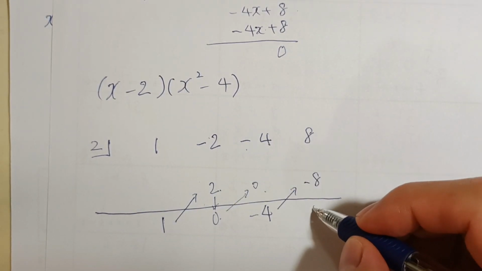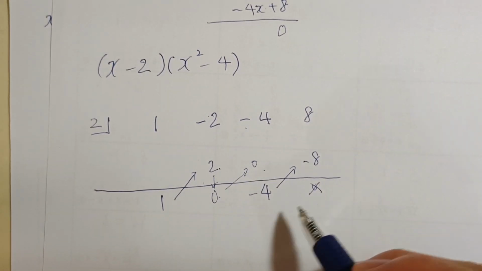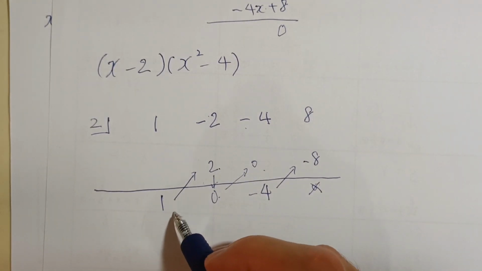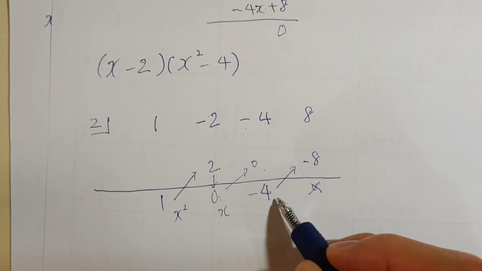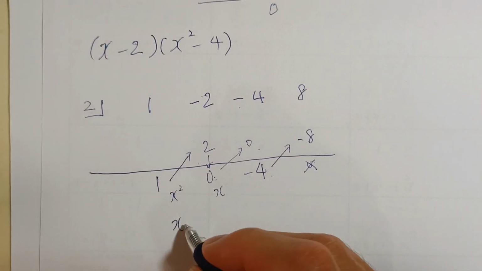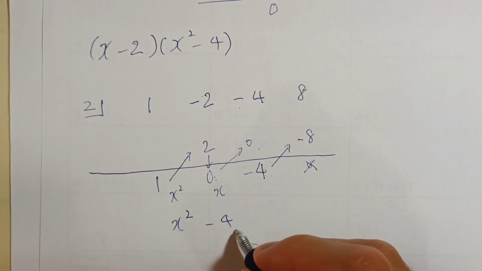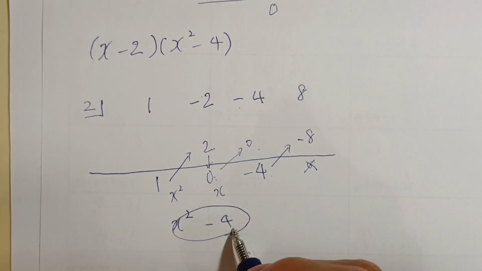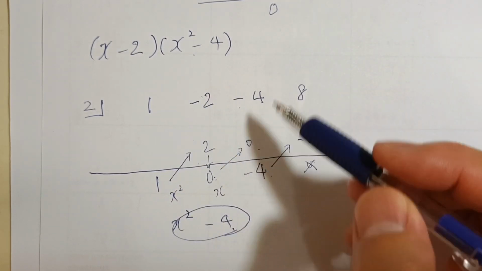And then this one's 0. In this case, we ignore this part. This one is the coefficient of x squared. This one is the coefficient of x. This one is the constant. So that means x squared plus 0x minus 4. So this is this part, isn't it? Right? This is synthetic division.